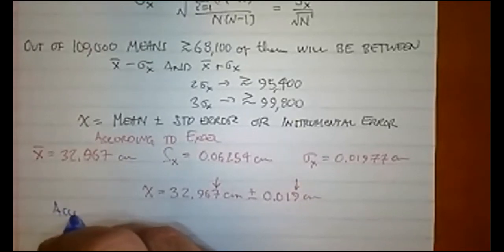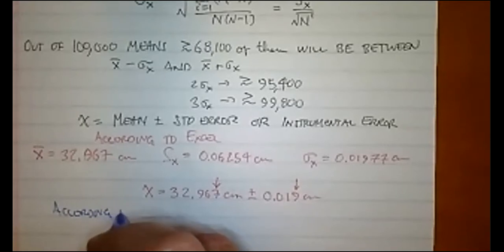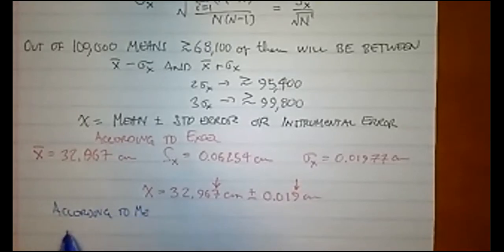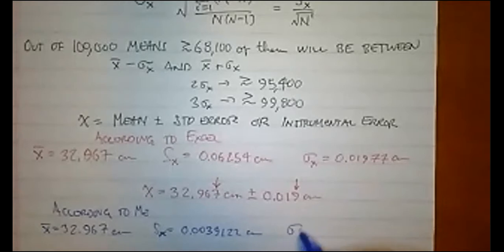According to me, I had X mean equal to 32.967 centimeters, S sub X equal to 0.0039122 centimeters, and sigma x equal to 0.00123 centimeters.